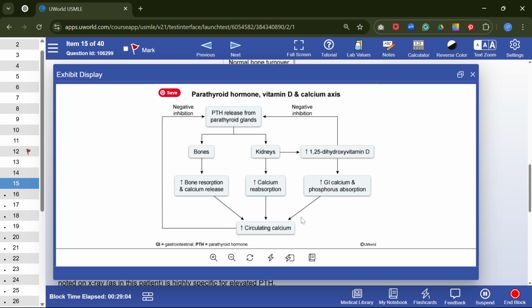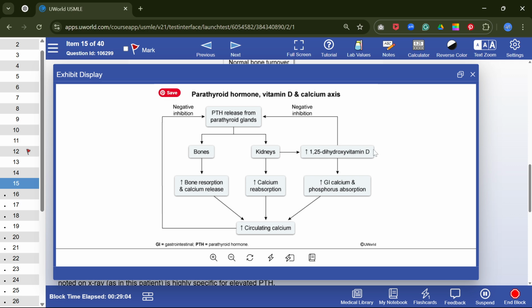If there is increased circulating calcium, it will give negative feedback. Thus, PTH release from the parathyroid gland will be diminished.